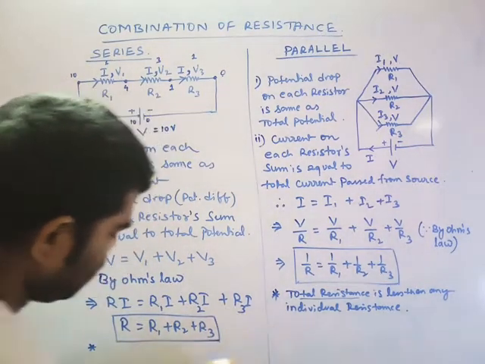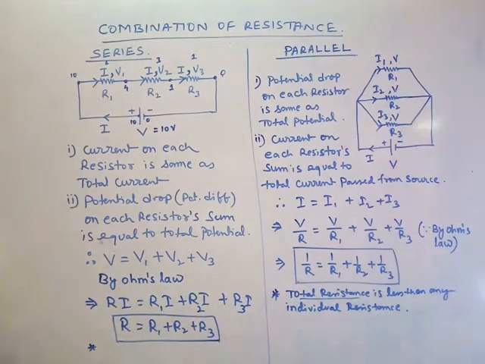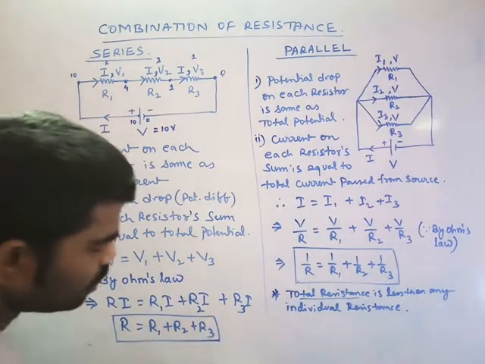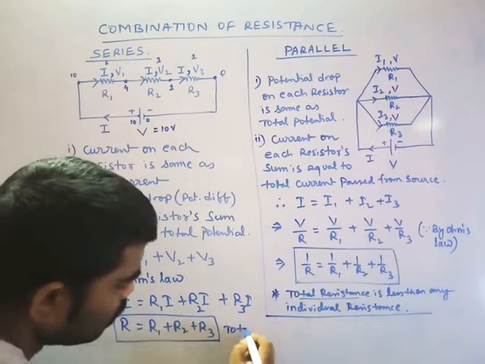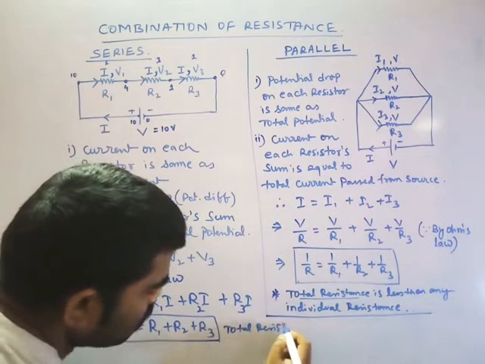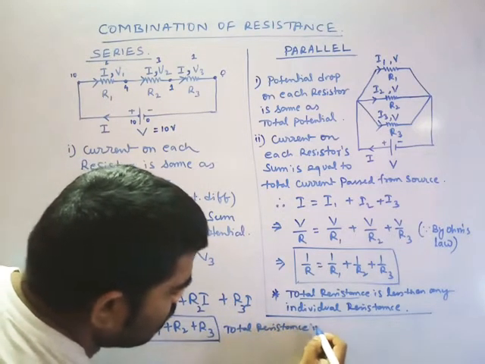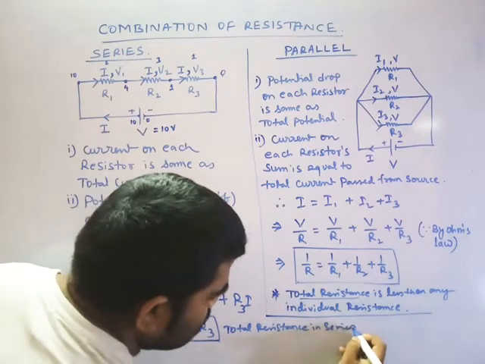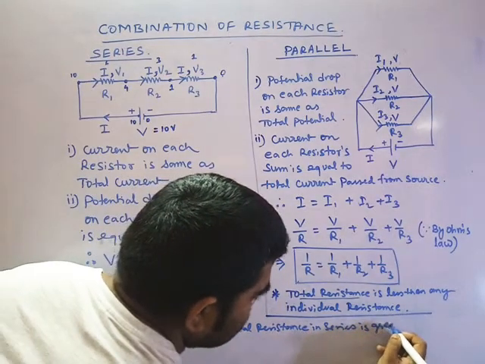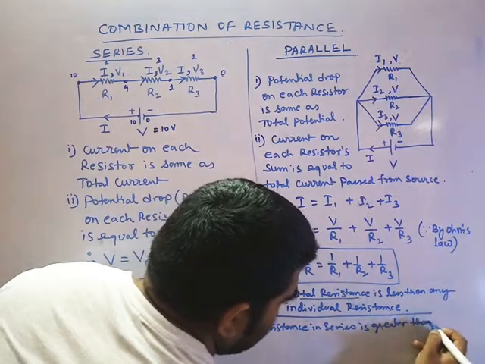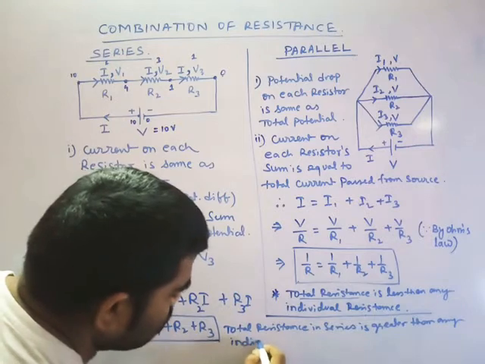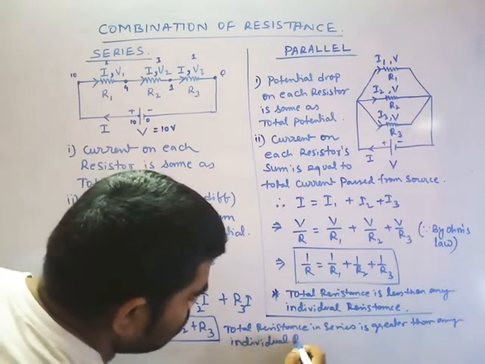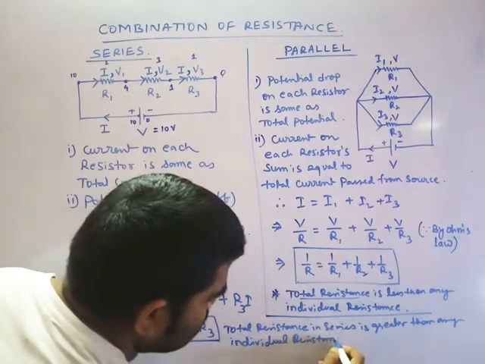Whereas in the series, you get that total resistance. Let me write here. यहाँ पे अगर तुम्हारे पास maybe it is visible or not. Is it right? Yes, little bit it is visible. So let me write this here. Total resistance in series is greater than any individual resistance.